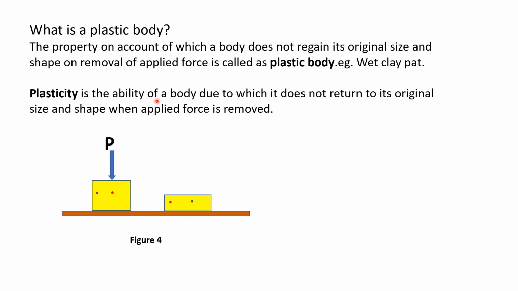Plasticity is the ability of a body due to which it does not return to its original size and shape when the applied force is removed. So, this is a plastic body.